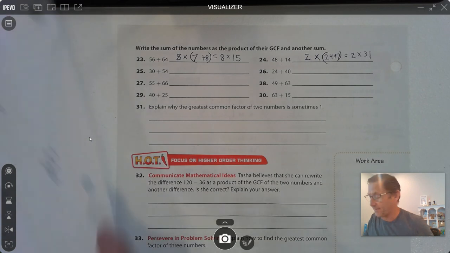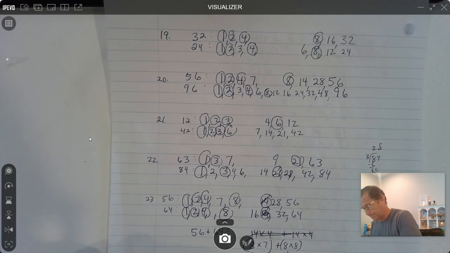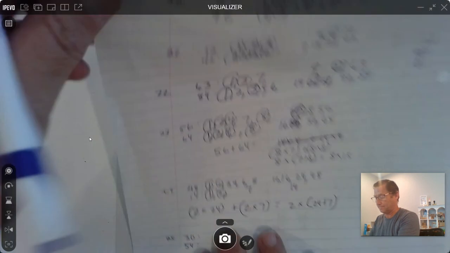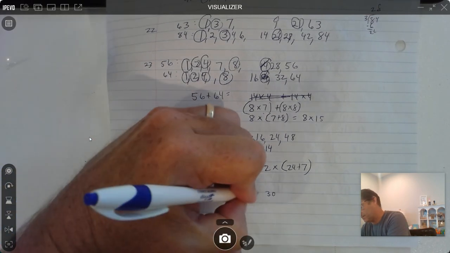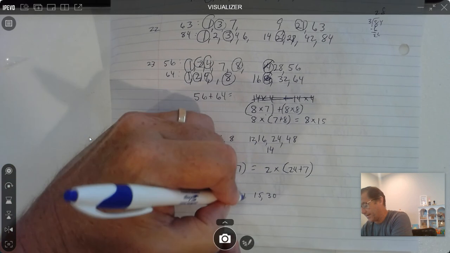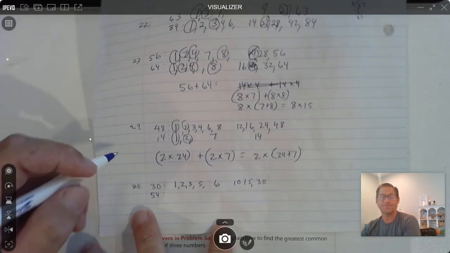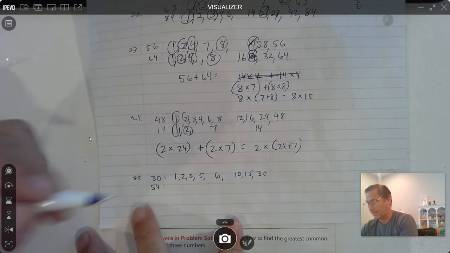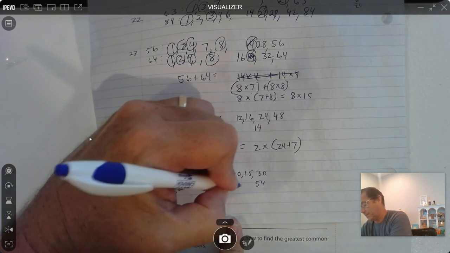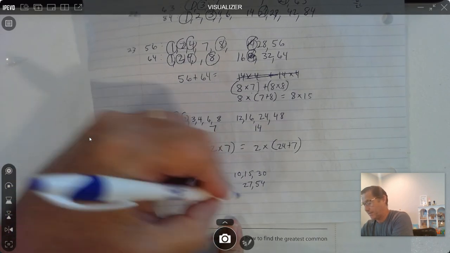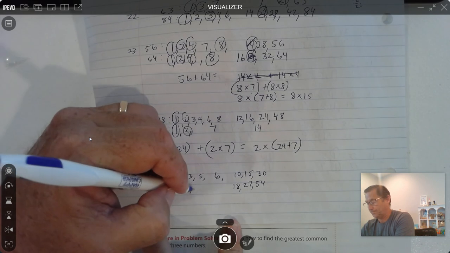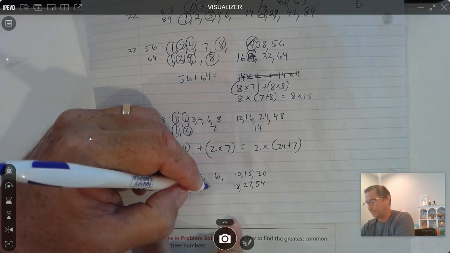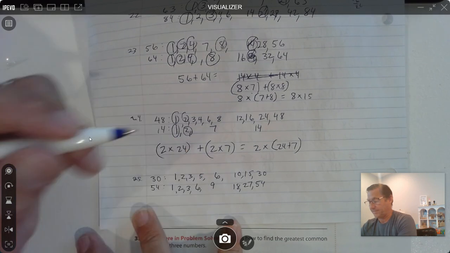Okay, 25. Find the greatest common factor of 30 and 54. 1 and 30, 2 and 15, 3 and 10, 5 and 6. 54: 1 and 54, 2 and 27, 3 and 18, 6 and 9.